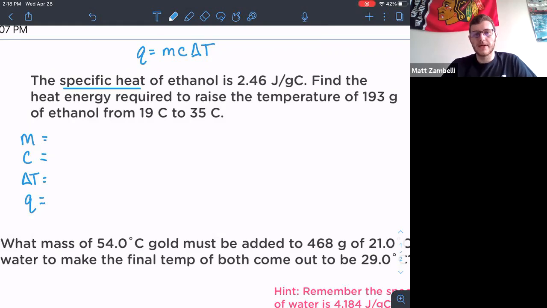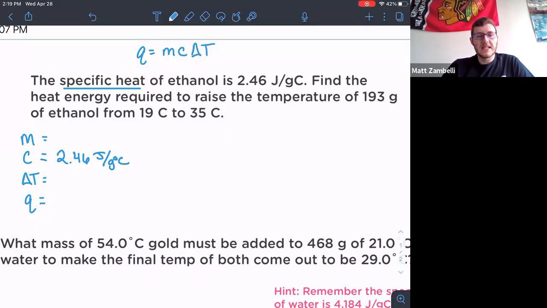M, C, delta T, or Q? It's C. Awesome. This is our specific heat capacity.